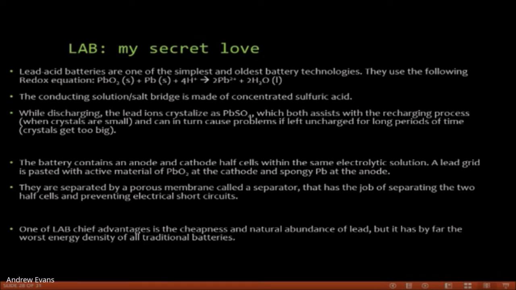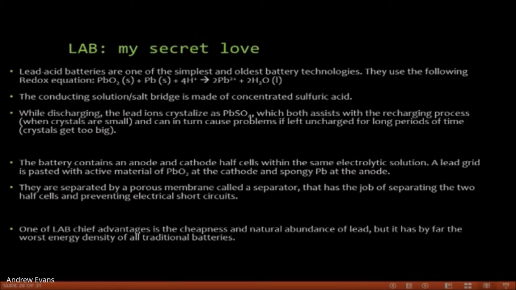Now, the battery contains an anode and cathode. Once again, they're in the same electrolytic solution. However, they are separated by a thin porous membrane called a separator. The purpose of this is to keep these two electrodes from touching. Whenever two electrodes touch, the electrons are always going to travel on the shortest path.